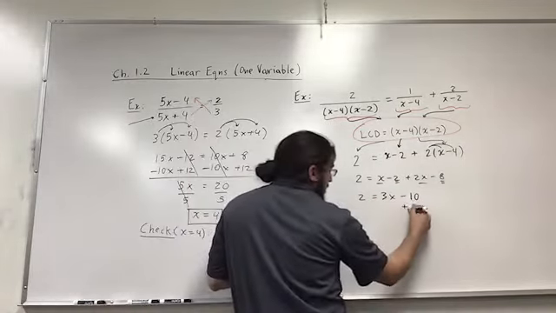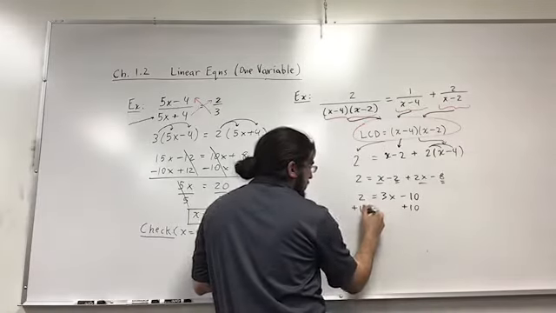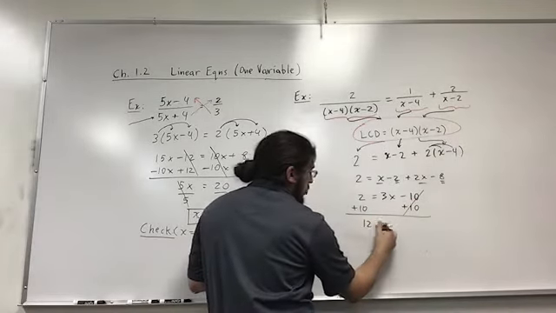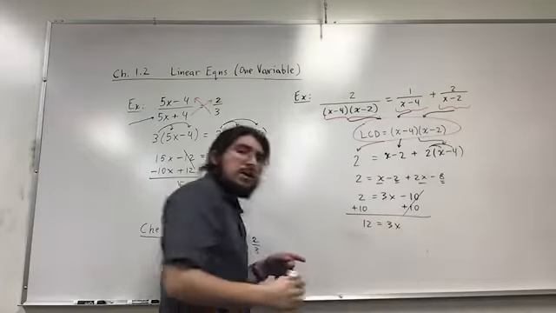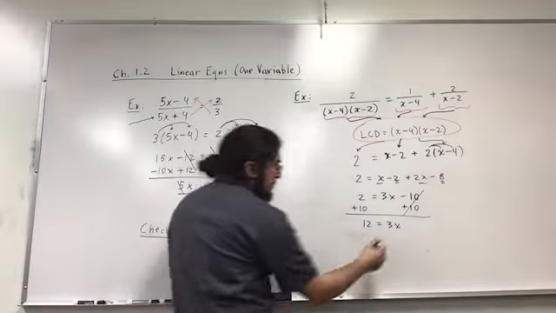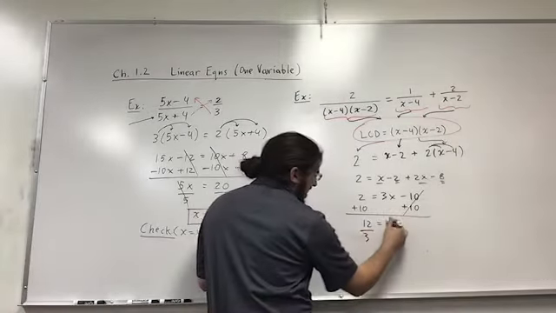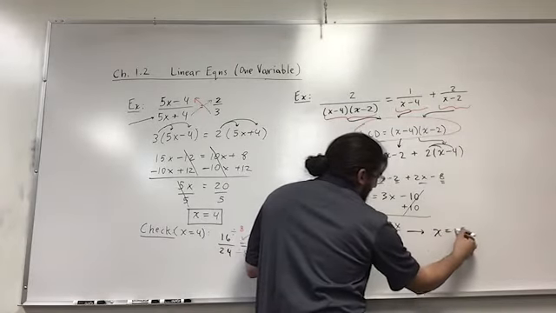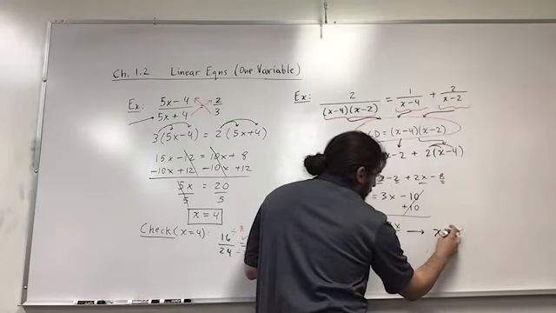Now adding 10 to the other side, we get 12 is equal to 3x. And now divide by 3. And our solution is x equals 4.